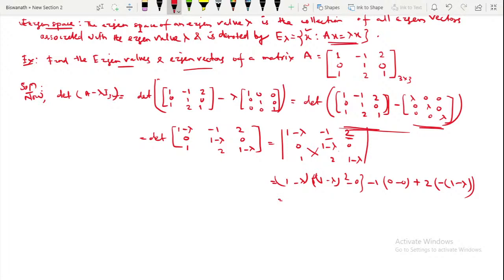So this will be your 1 minus lambda square minus 0, so 1 minus lambda whole cube, and this one is 0, and this is minus 2 times 1 minus lambda.